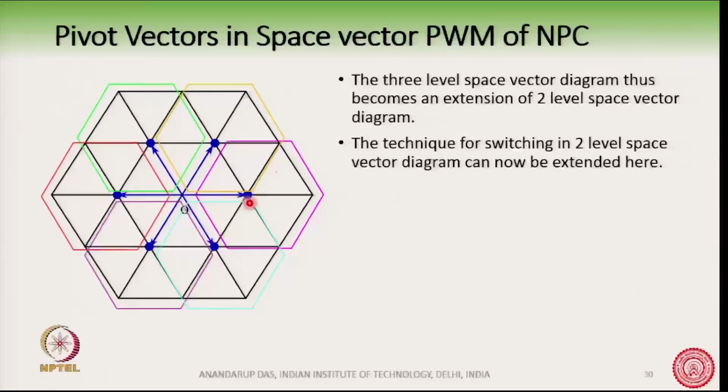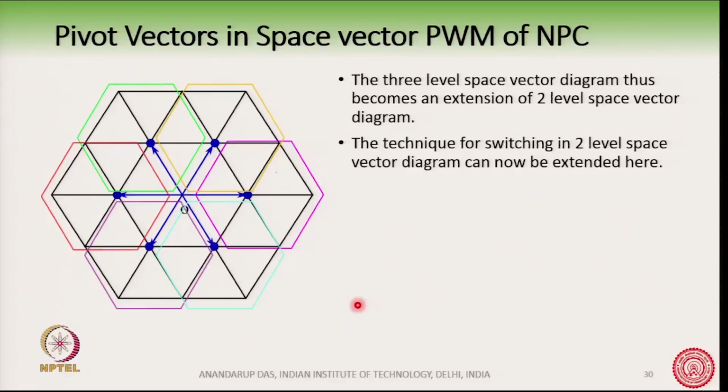You see here that this is the big hexagon, which is the black one, but there are several colored hexagons. These smaller hexagons correspond to the 2 level space vector diagram. So, you see this pink one has this as the pivot vector, the yellow one has this as the pivot vector, the green one has this as the pivot vector, the red one has this as pivot vector, the violet one has this as pivot vector, and the light blue one has this as the pivot vector.